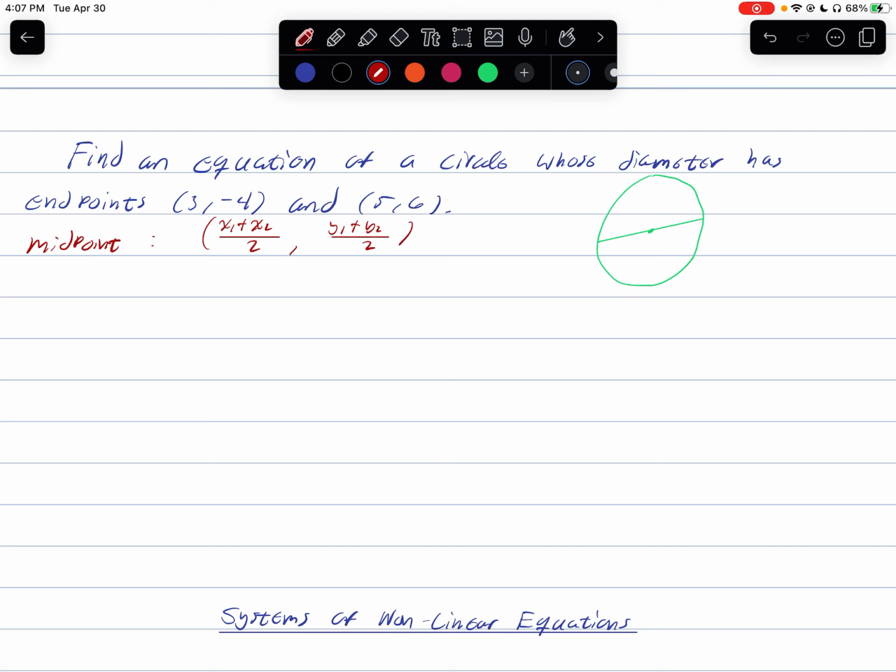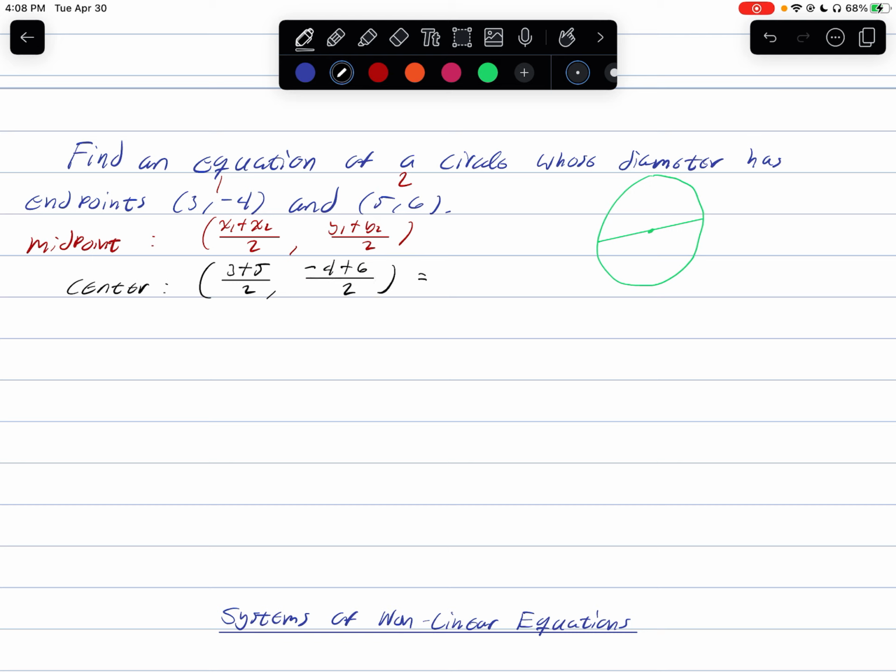So the center of our circle is going to be given by the midpoint between these two points. We'll say that this is point 1 and this is point 2. So our center is going to be (3 + 5)/2 and then (-4 + 6)/2.